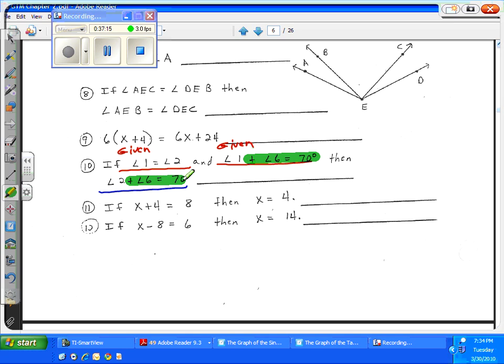Plus angle 6 equals 70. We say, well, they sure do look a whole lot alike, but what is it that makes them different? And as we investigate what makes them different, it's the fact that in this one there's an angle 1, and in this one there's an angle 2. And the only way that could happen is if we replace the angle 1 with the angle 2. And to be able to replace angle 1 with angle 2, we have to know they're equal.